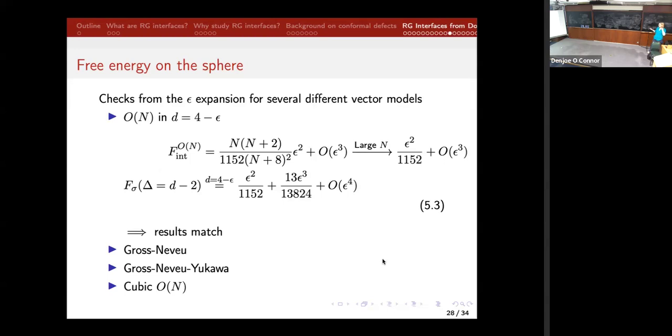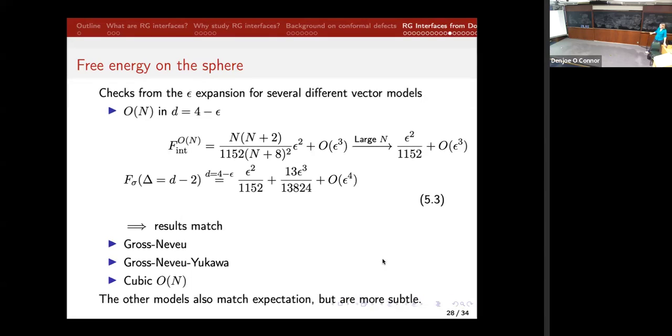Without getting into all the details, in the O(N) model in D equals 4 minus epsilon, we find that the contribution of the interface to this free energy is given by this function of N and epsilon. If we take the large N limit, we expect it to agree with the D equals 4 minus epsilon limit of the large N result, so we expect these limits to commute. And we do find that they agree. The other models also match this expectation, but they're a little bit more subtle.